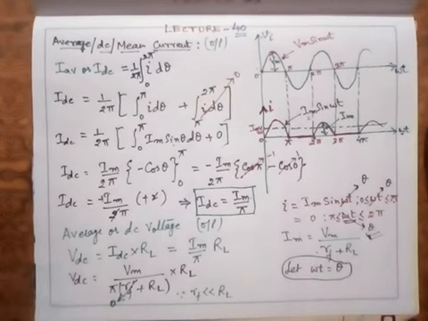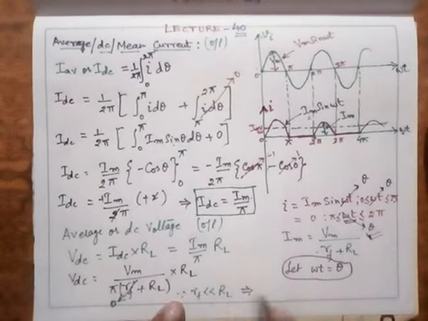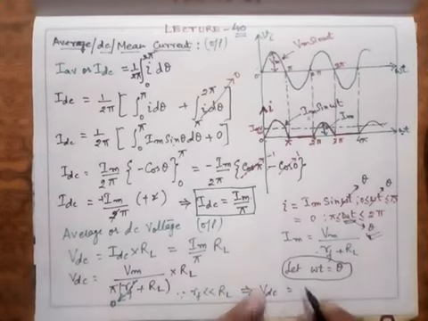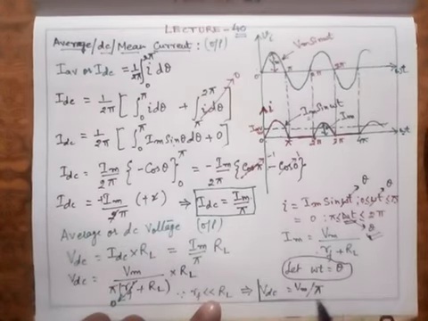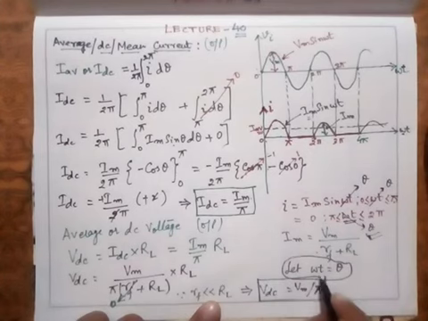This implies that with the help of this assumption, we can say that VDC is equal to VM by pi. VM by pi. Another very important relation that we'll use in our design part as well as in the numerical parts also: VDC is equal to Vm by pi.